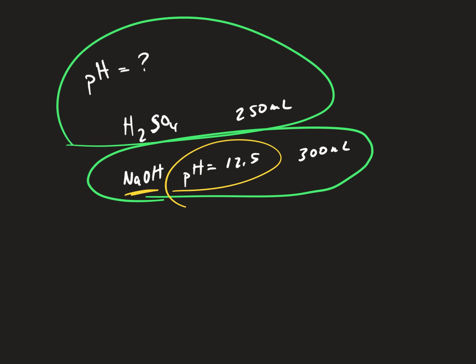So pOH is equal to 14 minus the pH, or pH plus pOH is 14, right? Does that make sense, guys? Okay. Do you guys have this out so that you can use this to guide what you should do? Okay.